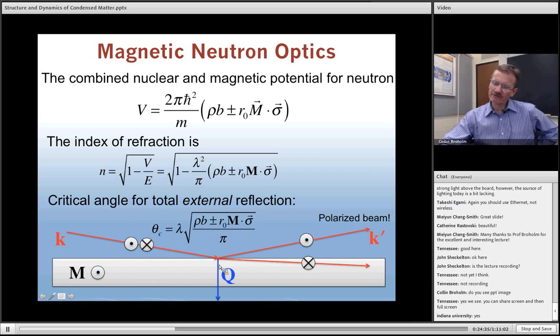And if I was to orient the magnetization density parallel to that direction, then in this particular configuration, I wouldn't actually have a distinction in the critical angle, and I would not be able to polarize the beam in that case. And so you notice here an example in which the magnetization is perpendicular to Q, that's the situation in which we have an effect from the magnetism on the scattering cross-section. So I just wanted to point it out also in that case.